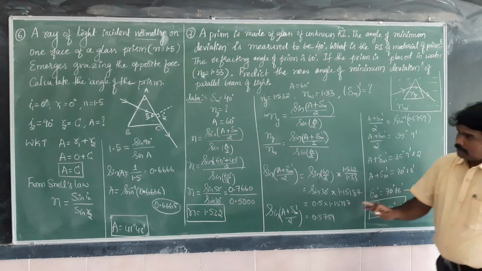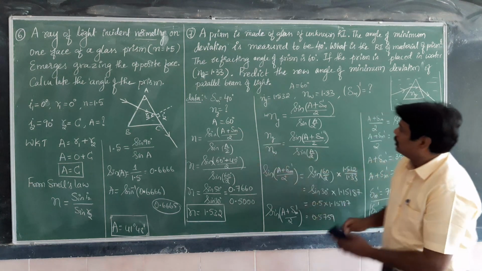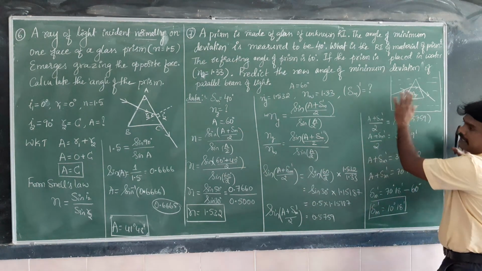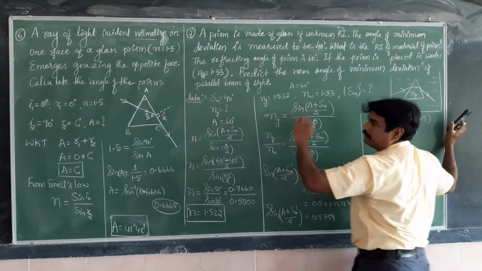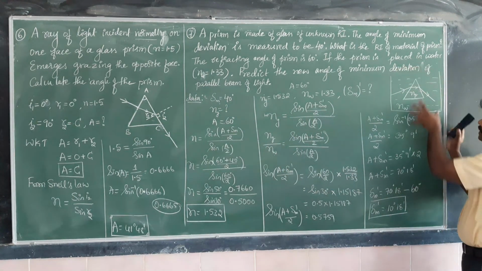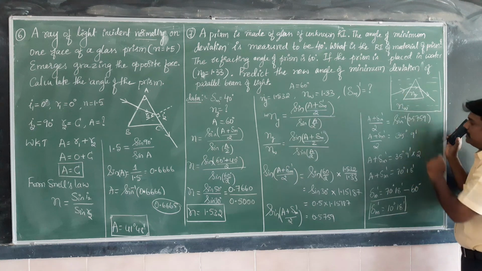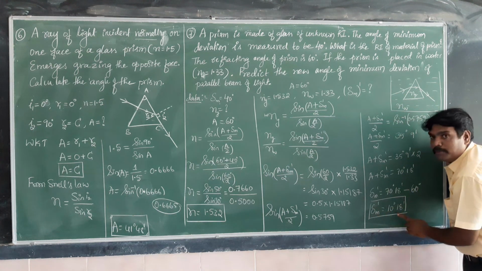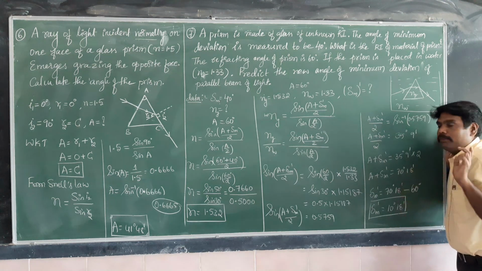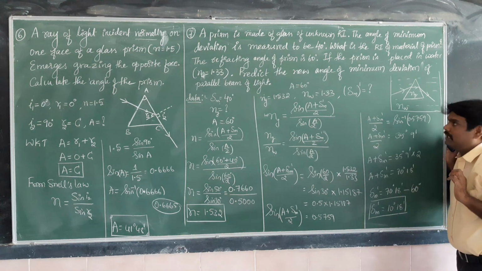See the difference here. When the prism is in air media, the angle of minimum deviation we are getting is 40 degrees. If the same prism is placed in water of refractive index 1.3, that is, if the refractive index of the surrounding media increases, then the angle of minimum deviation decreases. You should remember this point. This is a very important CET point.